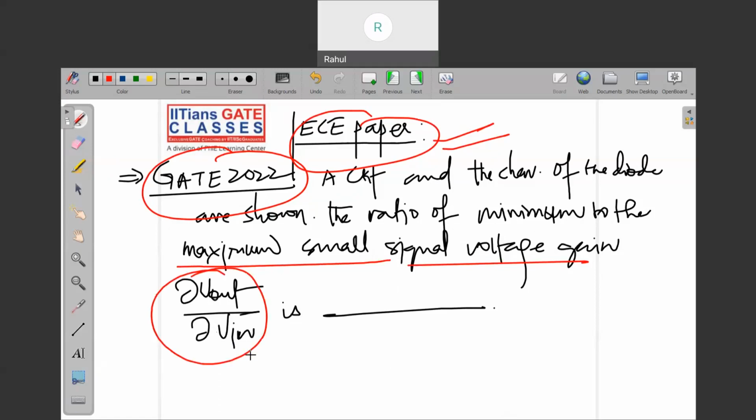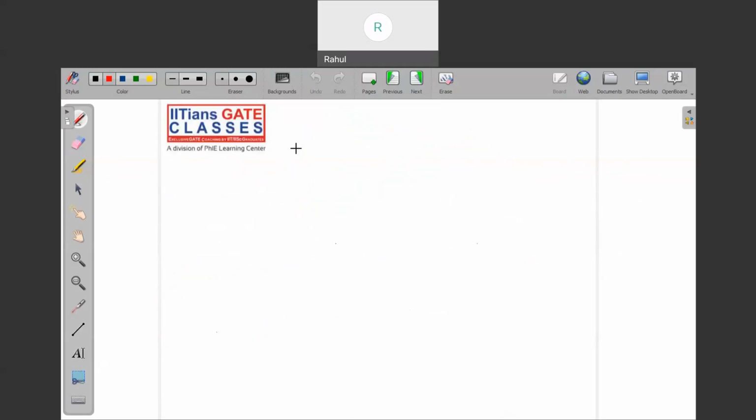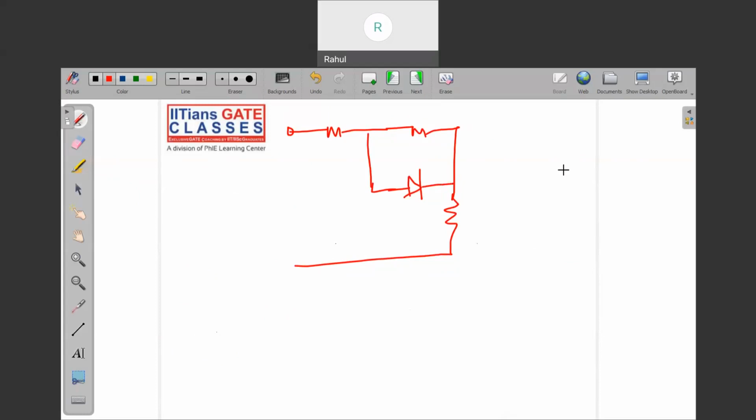Let me draw the circuit here. The circuit is a very basic circuit. There is a resistance, and there is a resistance, and there is a resistance, right? In the IV characteristic, they did not give you any finite slope. So in the IV, there is an infinite slope. The diode is ideal only, but they have given the cut-in voltage.